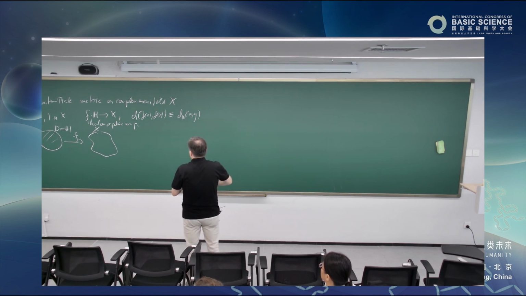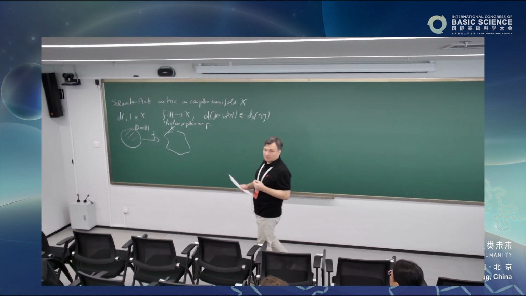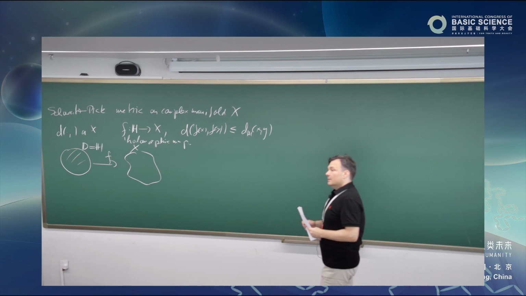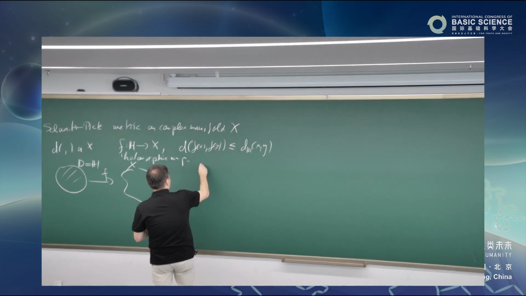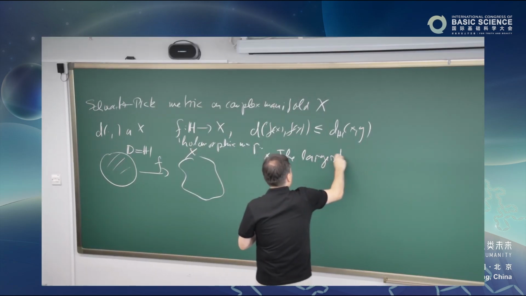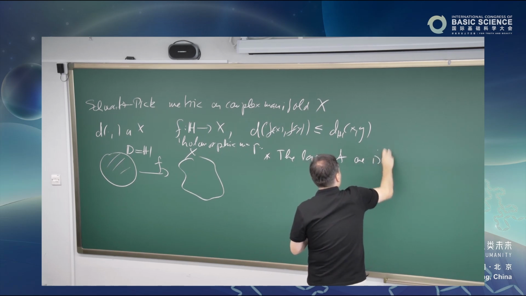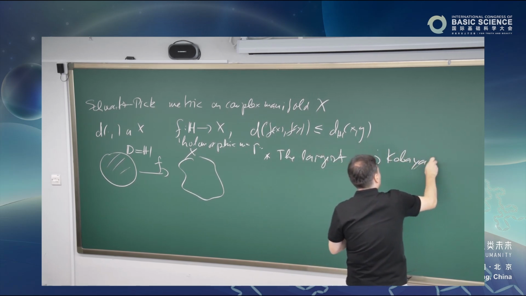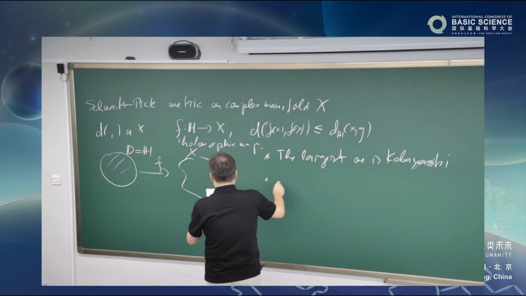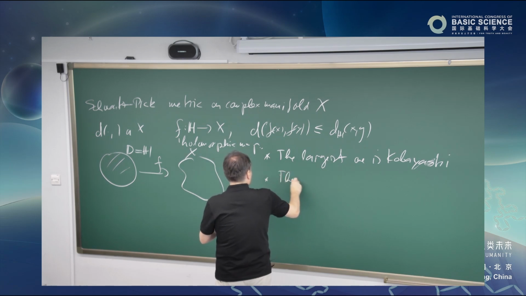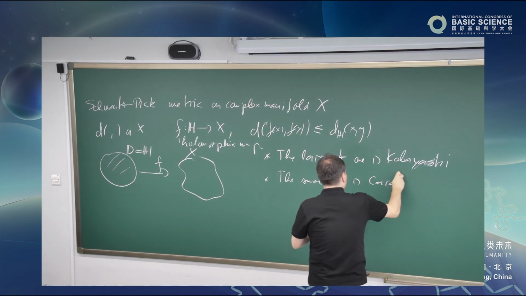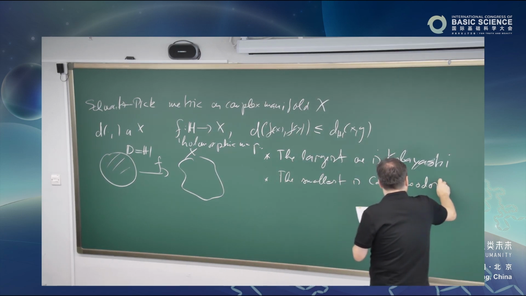But the two metrics at the opposite ends of the spectrum are what makes this theory tick. One is the Kobayashi metric, the largest one, and the smallest is the Caratheodory metric.